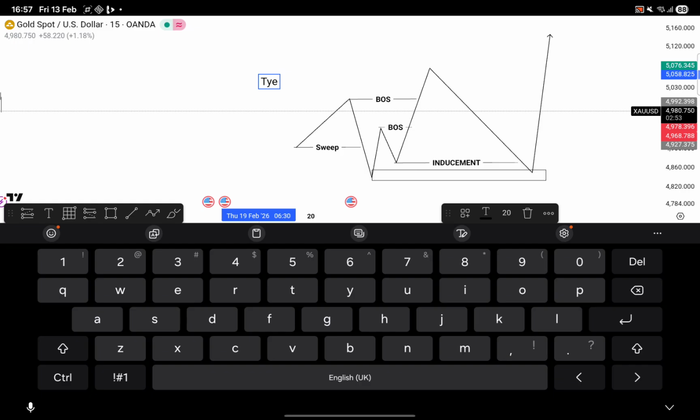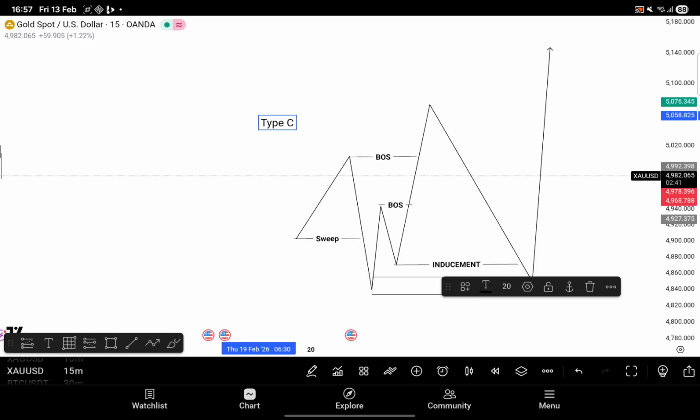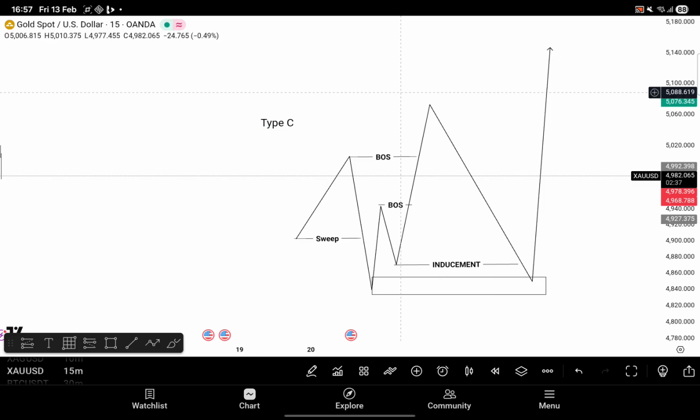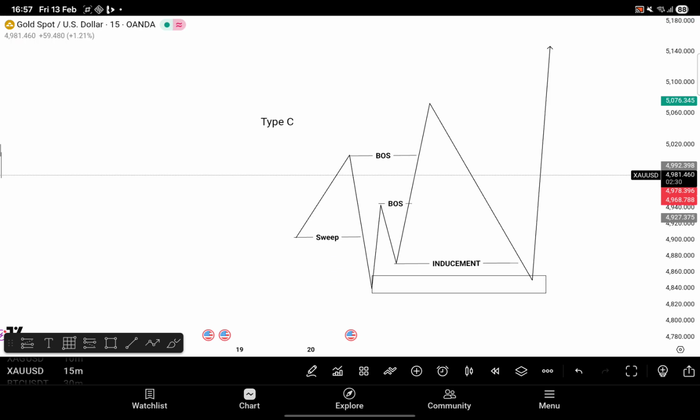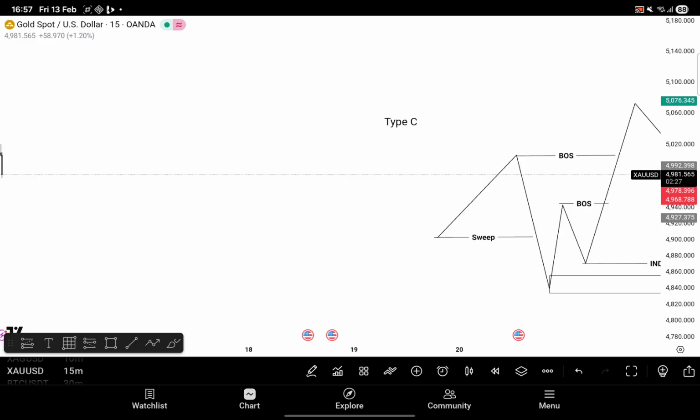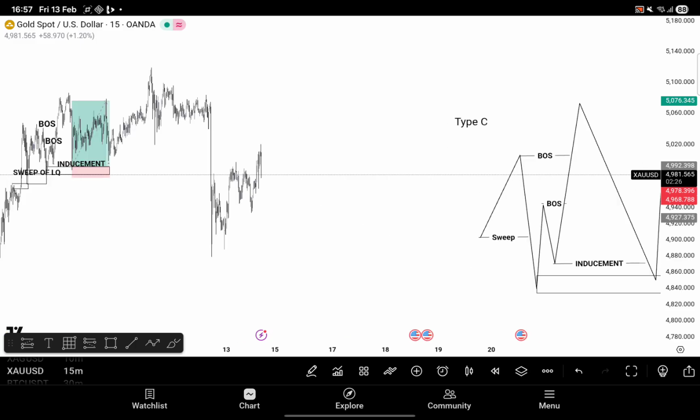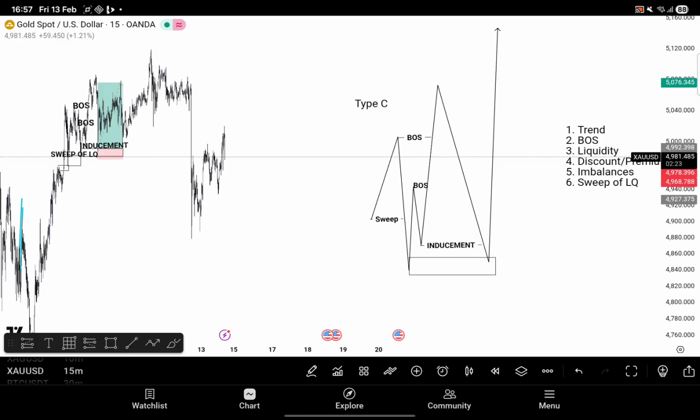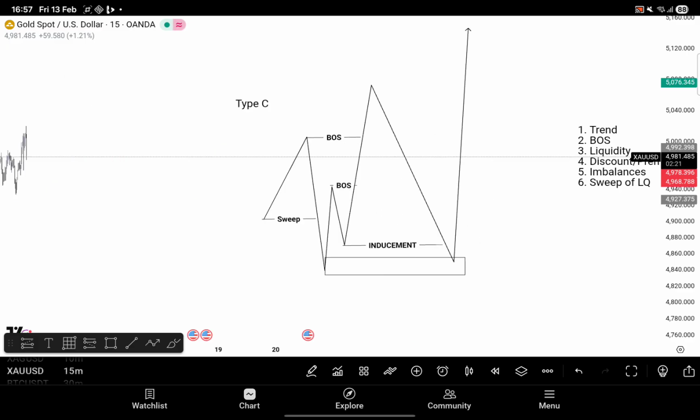Naming it the type C means there is a type A and a type B. In that view, you should know that the possibility of holding goes in that manner. Today the promise was on the type C entry model, which is the one I'll be talking about now.